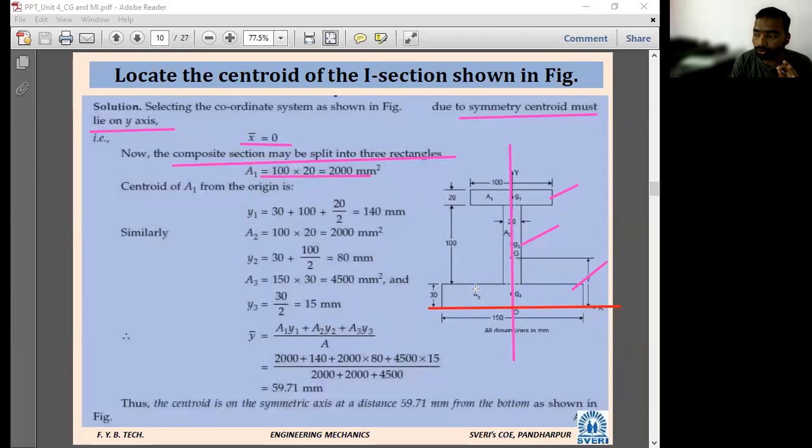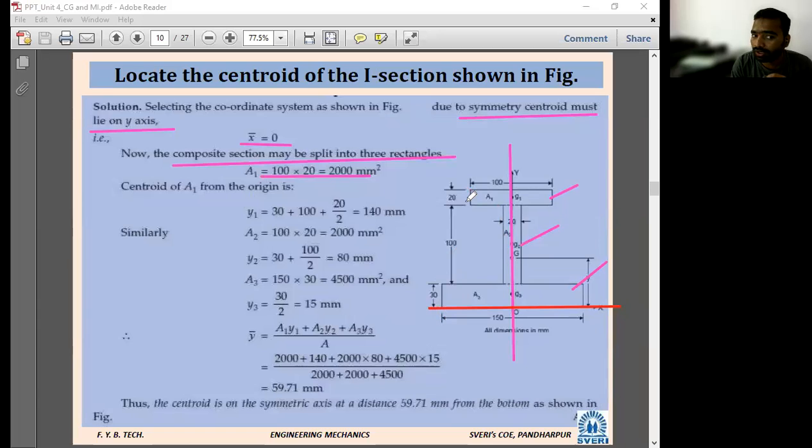You have to calculate y1 from which axis? From the horizontal axis, correct? You have to calculate from this point till its CG. For this, how much is the total from here to here? This is 30, then this is 100, then this is 20 by 2. 100 plus 30, 130, plus 20 by 2.